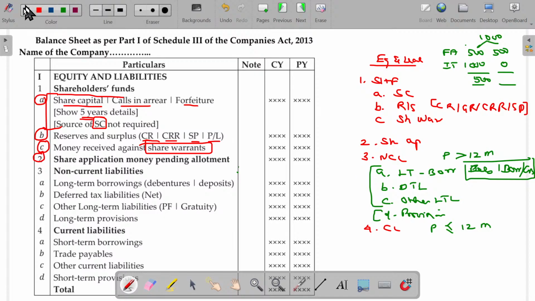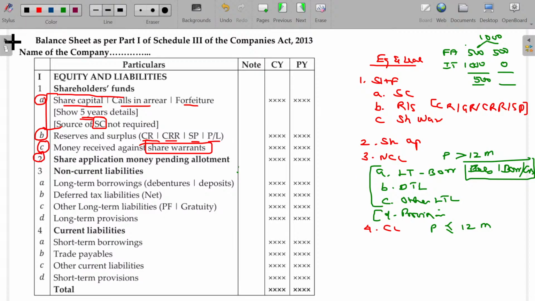Now, 4 items are there. Among the 4 items, 3 are liabilities, 1 is provision. So, long-term borrowings, DTL, other long-term liabilities and provisions. In case of current liabilities, ditto, it will come here. We have 4 items here.